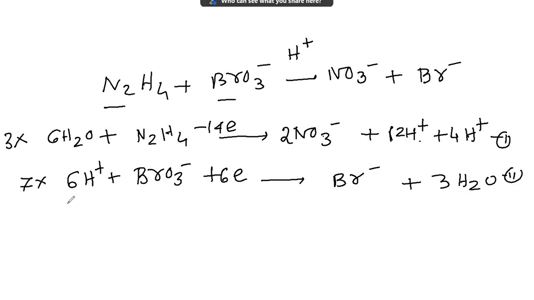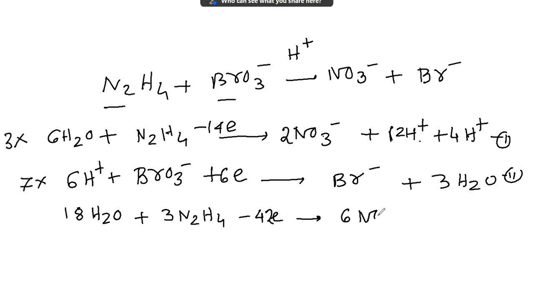In this case it is with 18 H2O plus 3 N2H4, sorry, minus 42 electrons gives you 6 NO3 minus plus 36 H plus, 12 H plus, 36 and 12, 48 H plus actually.